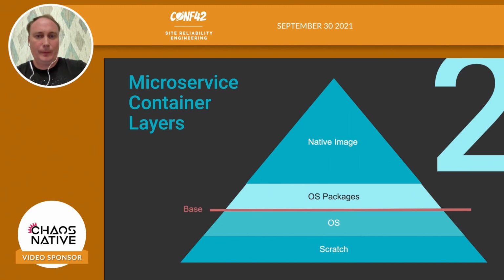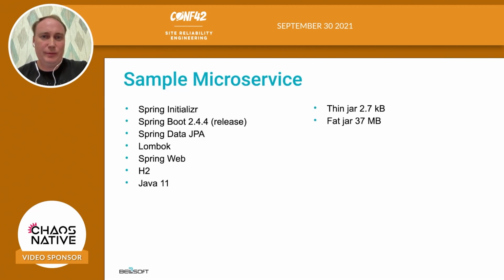So how small is that iceberg tip in the case of regular JVM deployment? Let's imagine some Spring application using the Spring Boot framework, and we create such an application using Spring Initializr. We will have a working project. We can compile it and get a 37 megabyte fat jar.